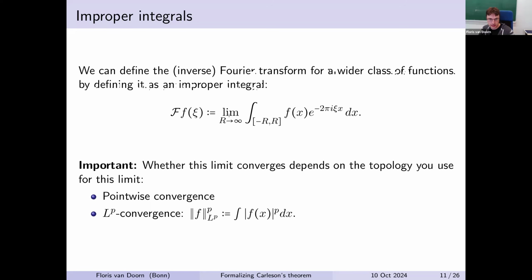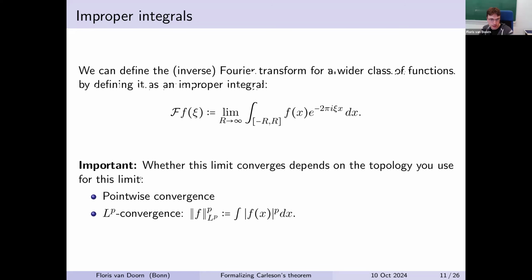You can take this limit pointwise. So for each xi, you can compute this integral and then let r go to infinity. Or you can think of whatever is inside this limit as a function of xi, and then use some topology on function spaces to look at what the limit is.